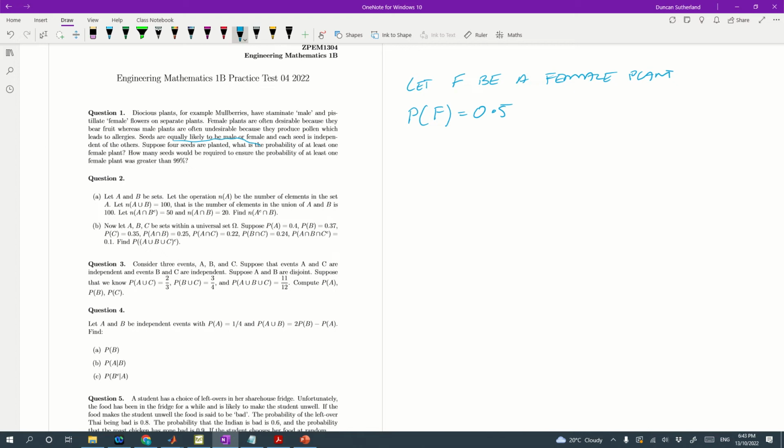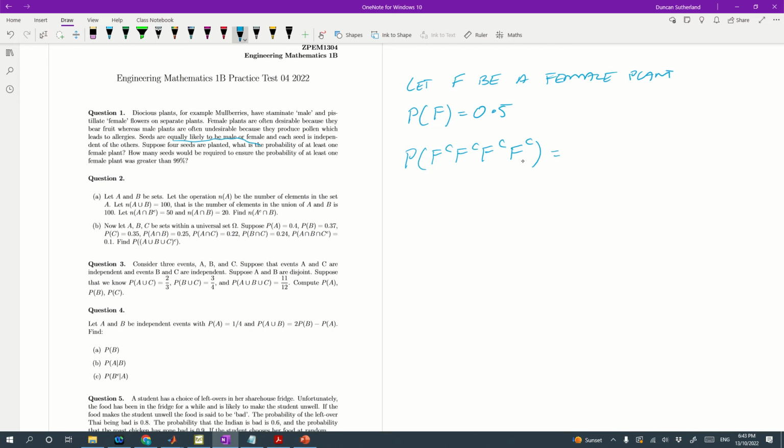Each seed's independent, there's 4 planted, and we want at least one plant to be female. The complement of at least one female plant is that they're all male. So we can answer this by looking at the probability that we get F complement, F complement, F complement, F complement.